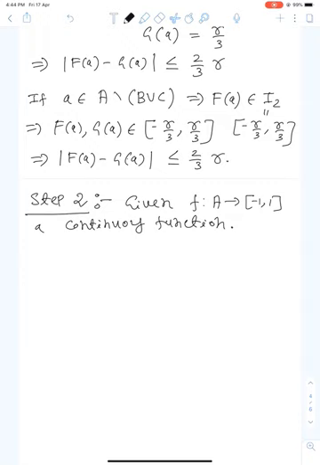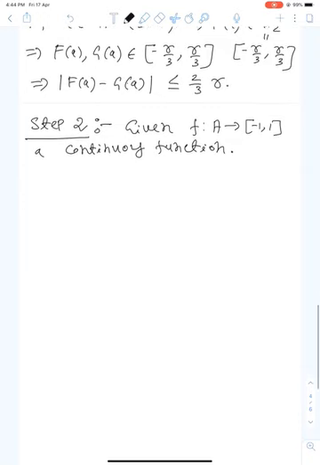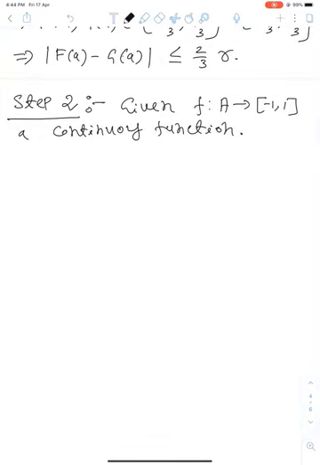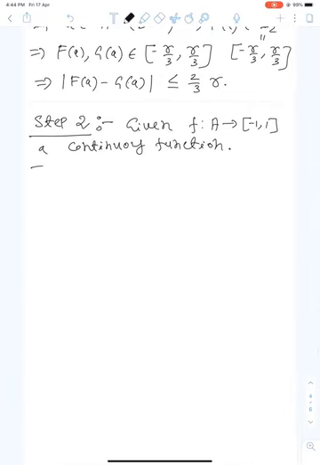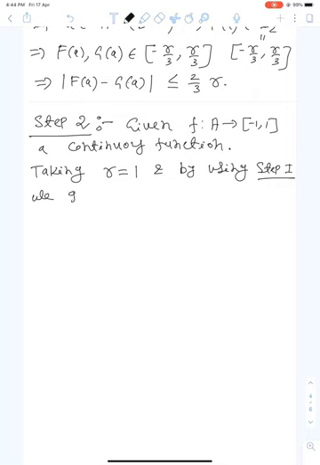Now by using step 1, taking r equal to 1 and using that step 1, we get a g, right?